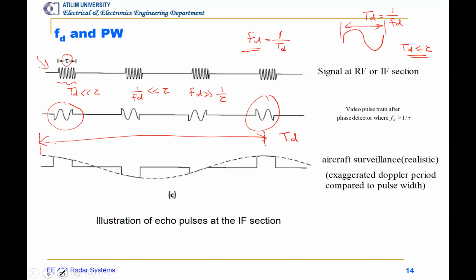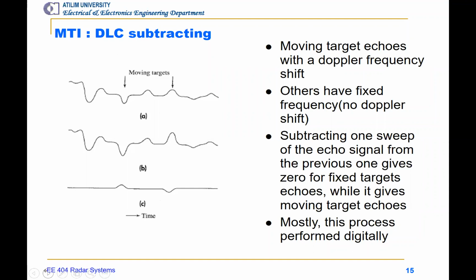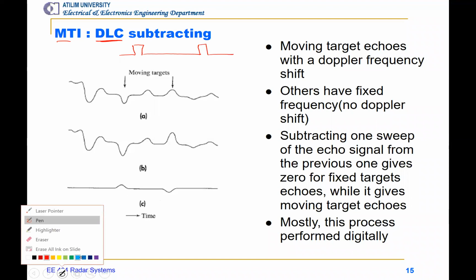Okay, one of the subjects that we deal with in MTI processing is the delay line canceller. Here there is an illustration. Suppose that we have a pulse sequence again. Okay, so this is one.